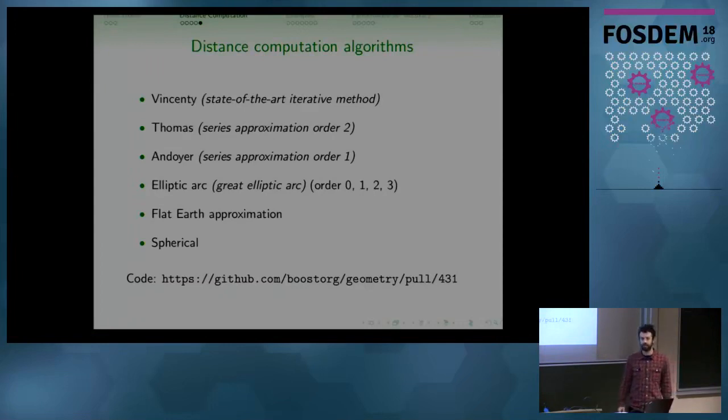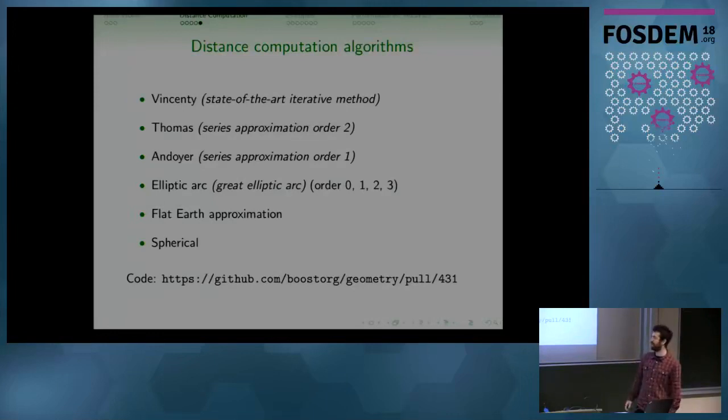This is what PostGIS, I think, is using. But then there are a series of methods like the one by Thomas, the second one, which is a series approximation of order 2. Andoyer, the third one, which is order 1. This means a bit less accurate, but faster.